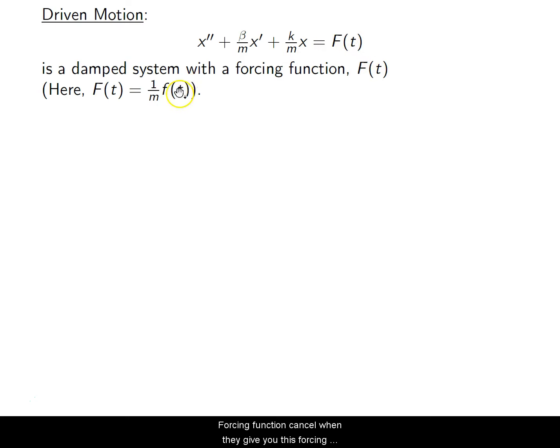So when they give you this forcing function, if we're using all the equations that we've done so far, we've got to remember to divide by m, or you just use the regular function and multiply your equation by m.